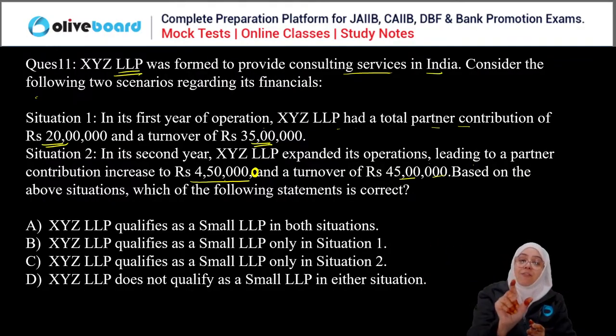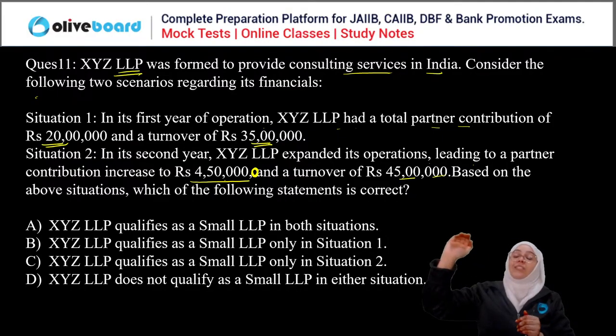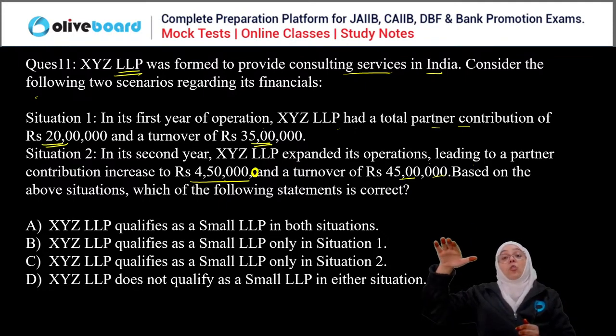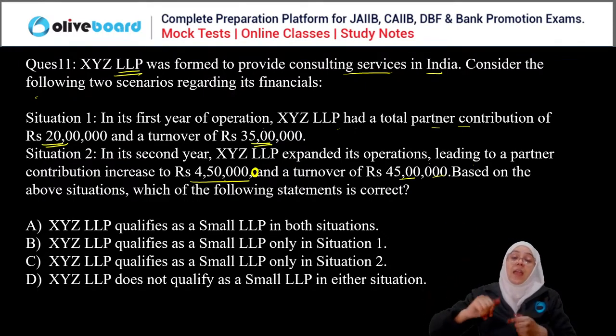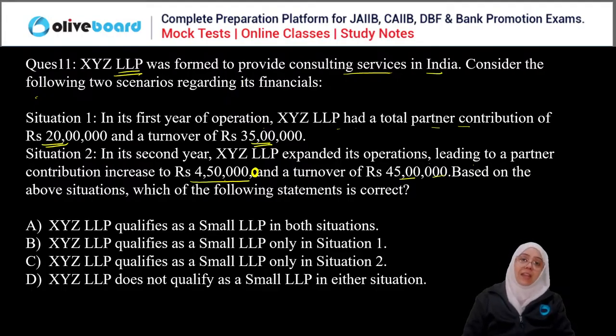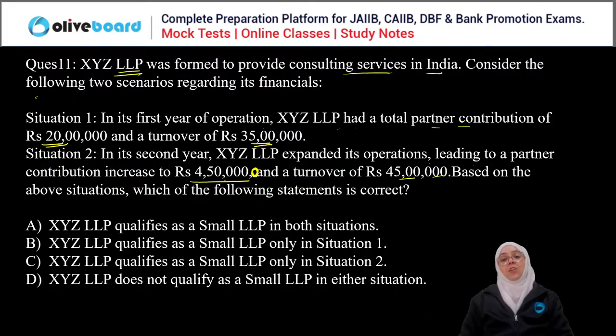The very upper limit of the contribution is 5 crore. Same in the turnover. Normal turnover is 40 lakh, but the very high limit is 50 crore.